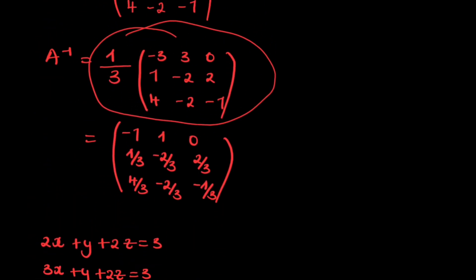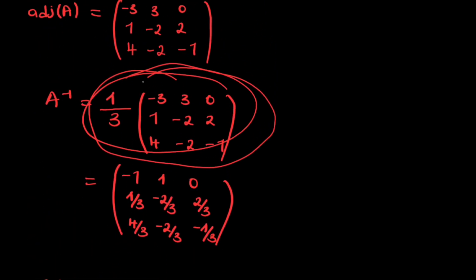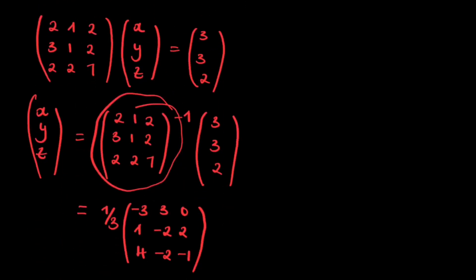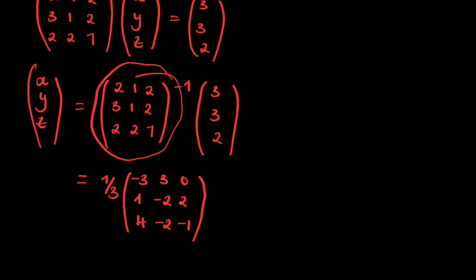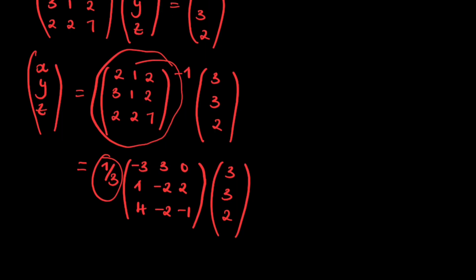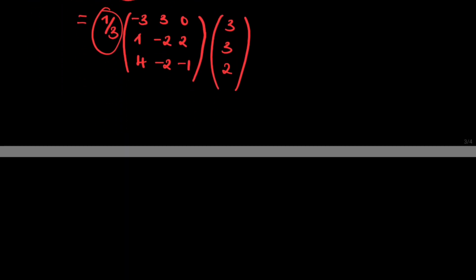So I can take only this. If I take the fraction, it's going to complicate things for me. So since I don't want to deal with the fraction now, I'm going to multiply this inverse by 3, 3, 2 first before I include the fraction. So let's multiply those two matrices.